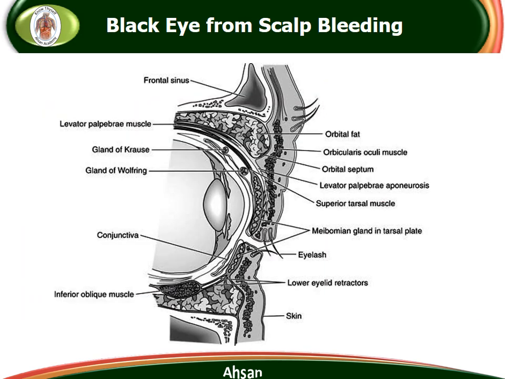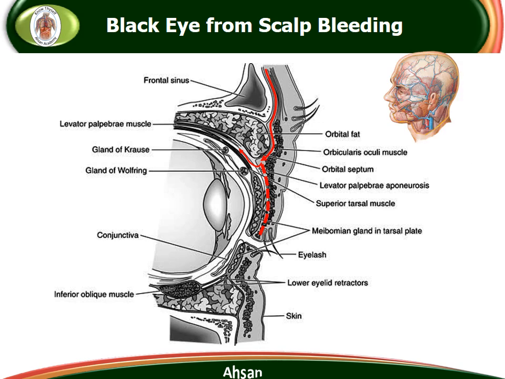Here I am showing by the red line the median section through the mid part of the eye. You can see the eye in the middle part, and above you can see the eyebrow. So blood passes deep to the eyebrow and enters into the upper eyelid. This is the upper eyelid, and it also passes backward under the cover of the conjunctiva.